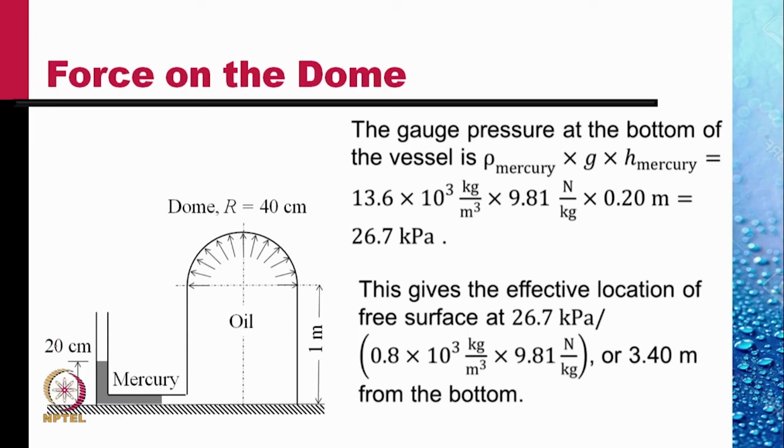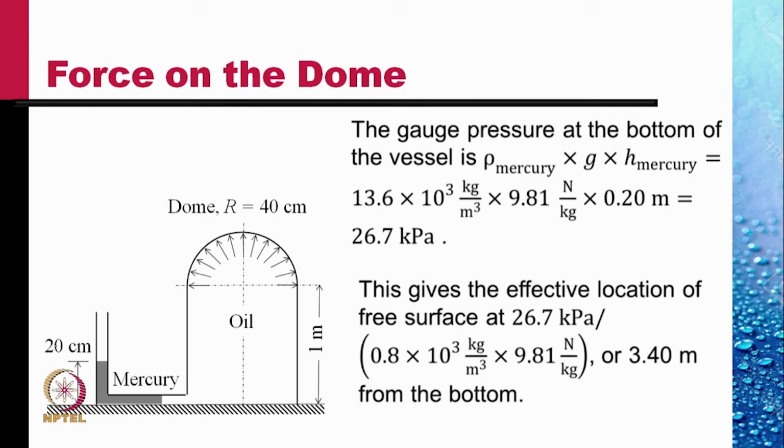Rho G H should be equal to 26.7 kilopascal. Rho of oil is 0.8 times 10 to the power 3 kilogram per meter cube. G is 9.8. And this multiplied by H would give you the pressure 26.7.